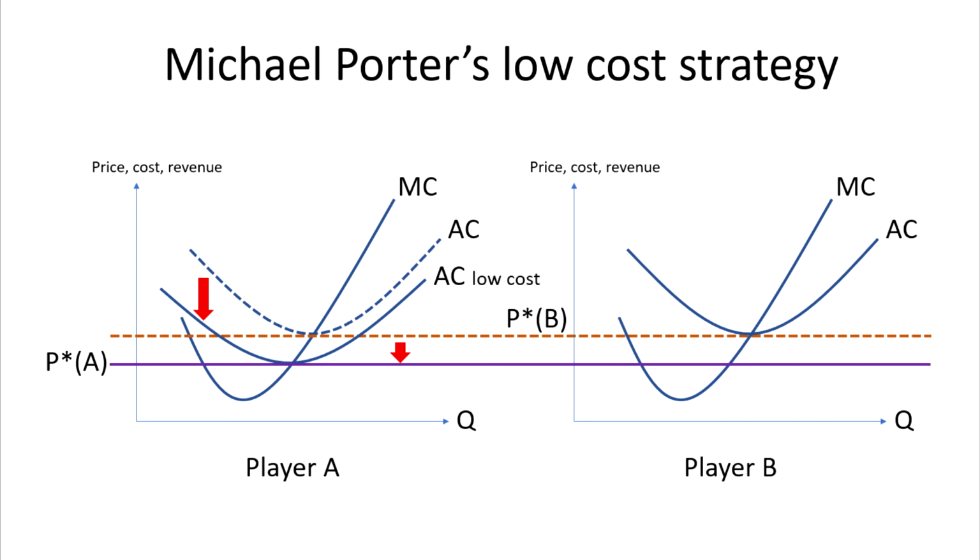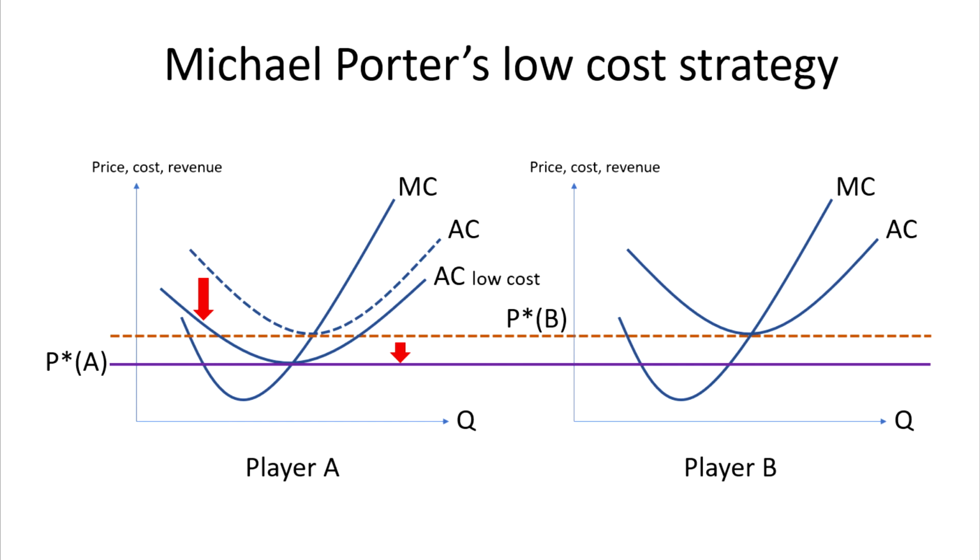And you can see that Michael Porter suggests that if you can lower your cost lower than your competitor's cost, what would happen? You see on the screen. Here, AC of player A is lowered to be AC low cost. Now, A has more room to reduce the price, while player B does not have any room to reduce the price lower than his or her AC.